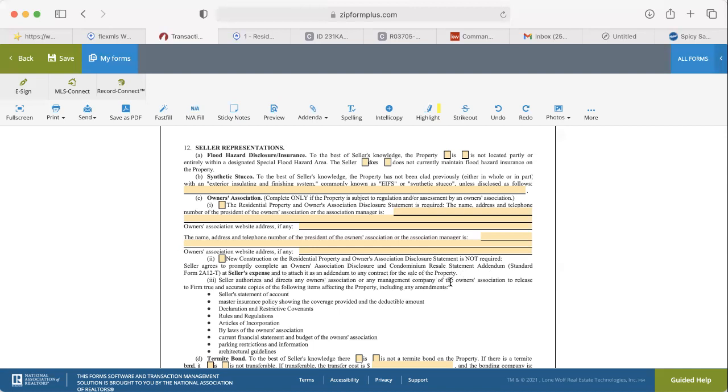So if I'm selling a vacant lot, I don't have to have a residential property disclosure because there's no house on it. But whoever is buying it needs to know that there is a homeowners association and know what it's covered. So this is saying that the owner or the seller is willing to fill that out and sign it, and you would upload that as any other addendum to the contract if you were to receive an offer.